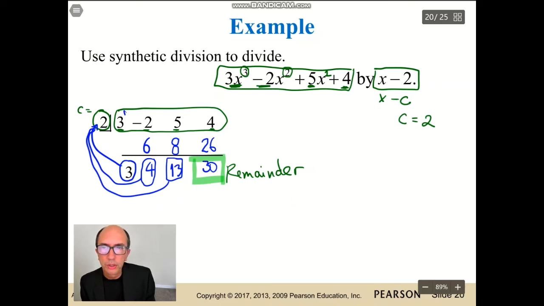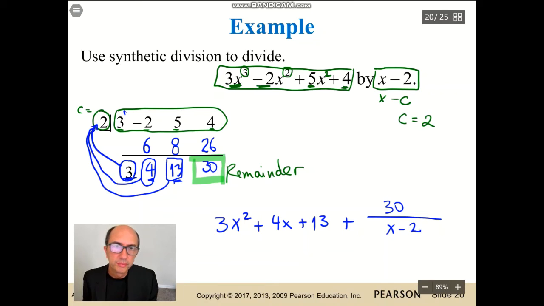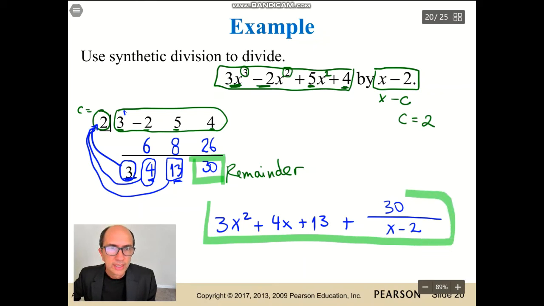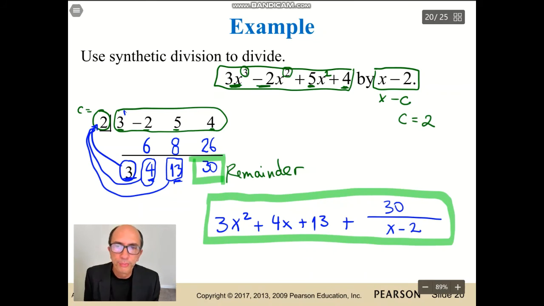And the solution is going to be 3x squared plus 4x plus 13 plus the remainder 30 divided by x minus 2. This is the result of the division that we found by using the method of synthetic division.